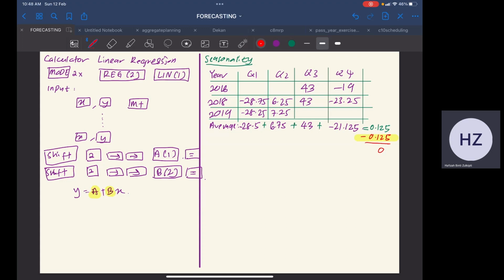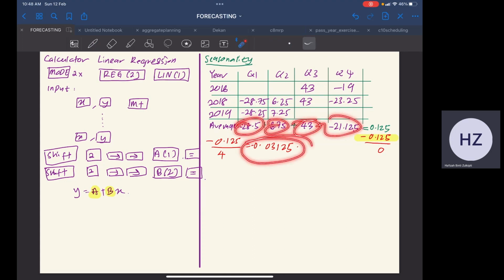We have 4 values here, so we need to divide negative 0.125 by 4. Here you get negative 0.03125. So every value of average above here, you need to adjust with this value.